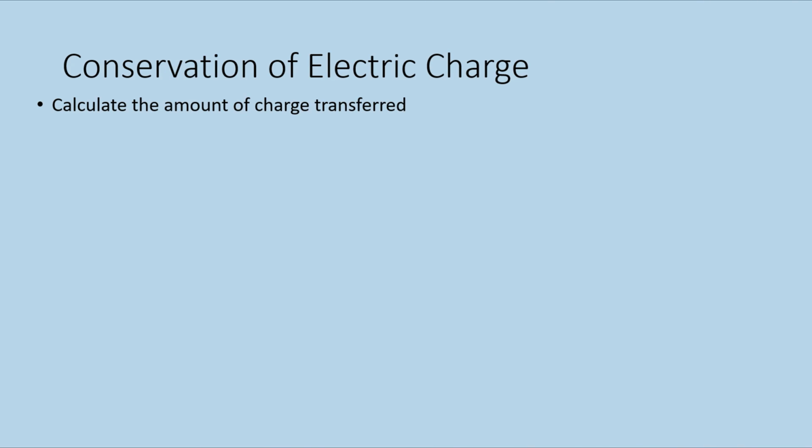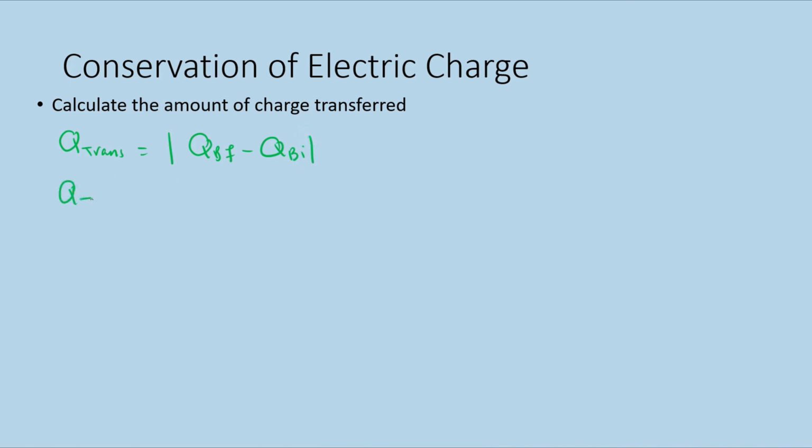Okay, the amount of charge transferred, I will do it for one of the objects. Let's do it for B. It's the same. Whether I use A or B is going to be the same. So I'll say Q transferred is equal to absolute value of QB final minus QB initial.